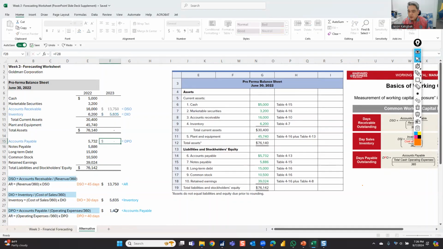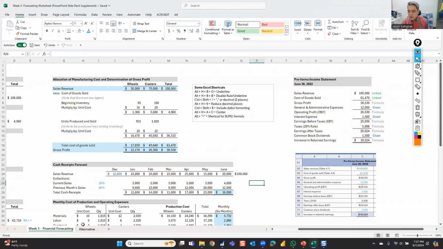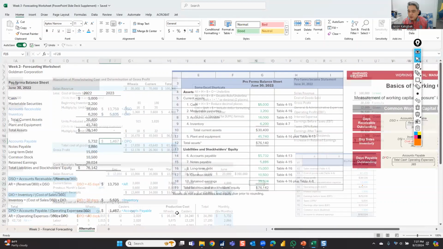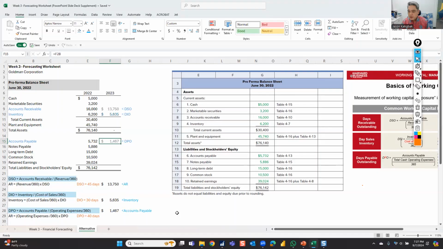And then the rest might be given. So I'm just showing you this one as the practical alternative calculation. In the exam or in the quiz that will be given, we will be using the long method, right? But if you're doing, say, a capstone project, or a quick forecast when you do work, you can use that as an alternative.